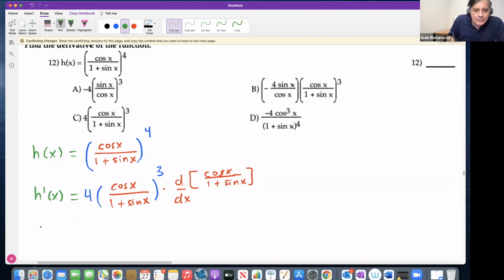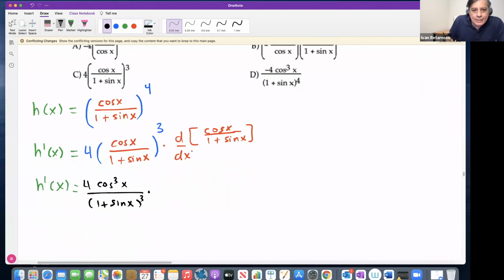So let's just write it here. The derivative of h will be 4 times cosine cube of x over 1 plus sine of x raised to the third power, right? Times this derivative. But how do we compute this derivative?